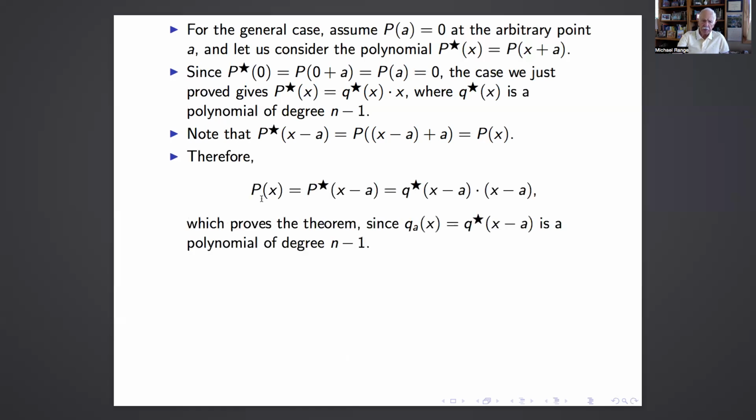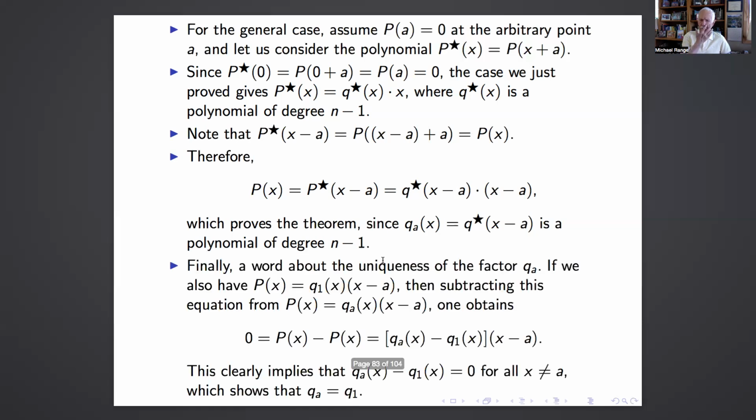So therefore, the original polynomial p of x can be described in terms of p star as p star at x minus a, and looking at this factorization, we get q star at x minus a times x minus a. And this proves the theorem, since this term here is certainly, after some algebra, a polynomial of x, q sub a, which has degree n minus 1.